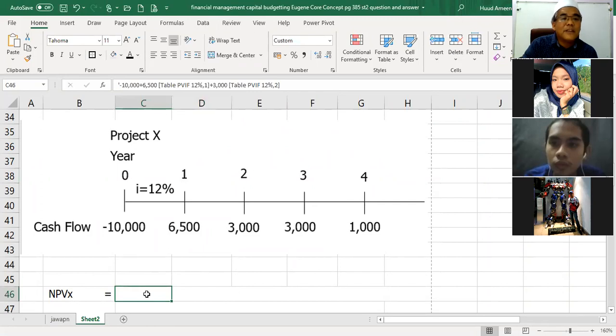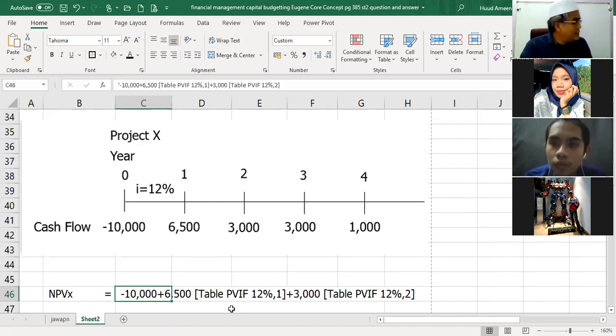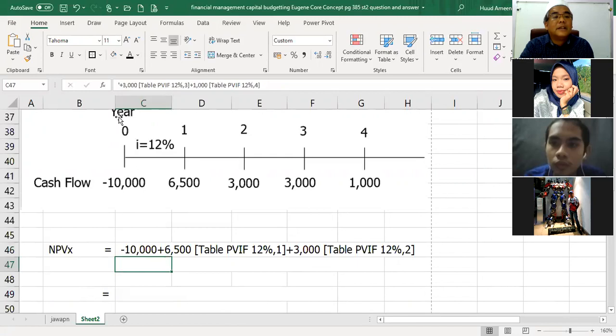So net present value, I show your answer, my answer. You use table PVIF, referring to table A2. The amounts are 6,500, 3,000, 3,000, and 1,000.